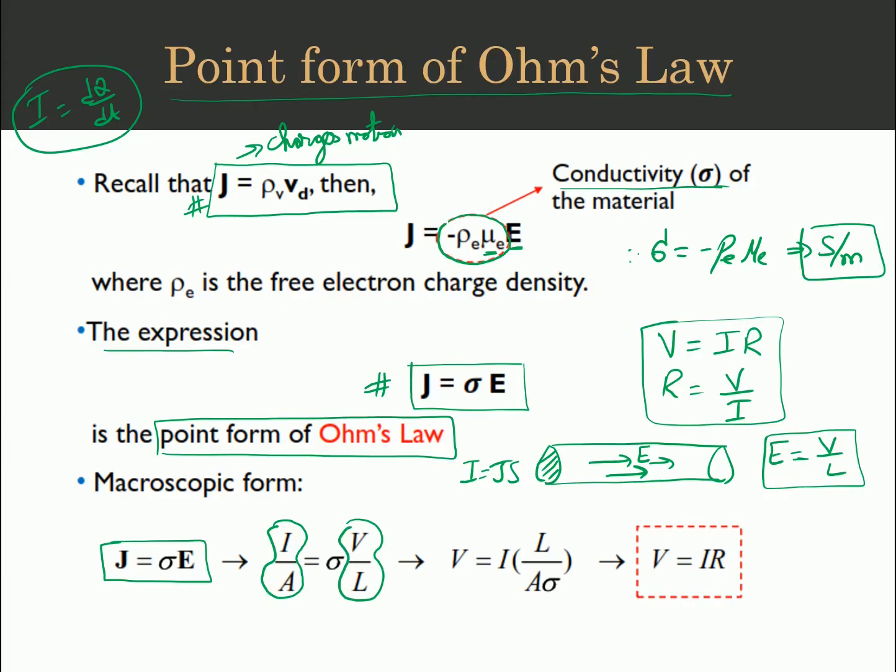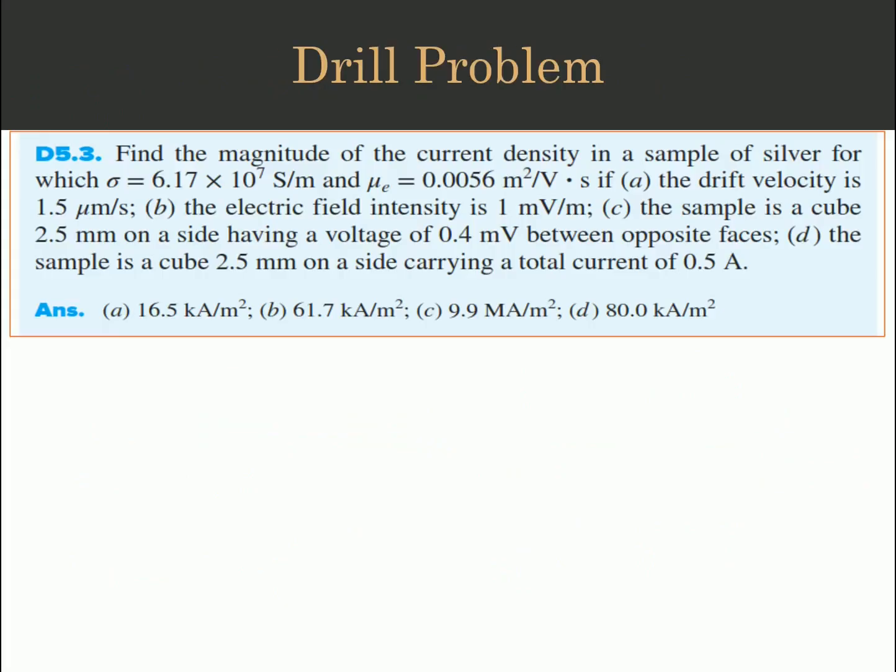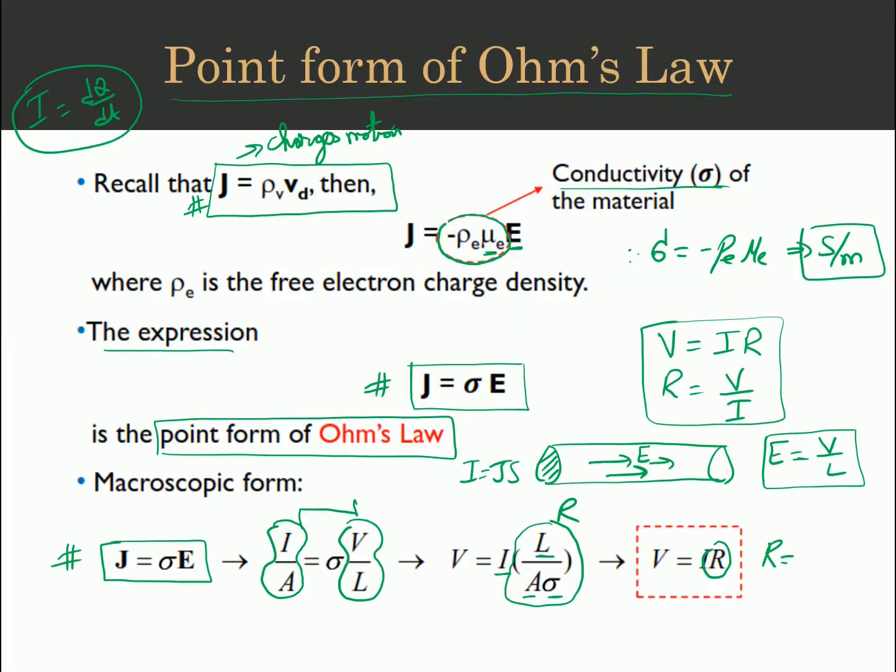So now if we figure out the value of voltage from this equation, the voltage is directly proportional to the current, the length of the conductor, the area of the conductor, and the conductivity. And if we look at a broader term, this is basically the resistance. So this is how we can say that the equation over here is also known as the point form of Ohm's law, because of the resistance inside the conductor.